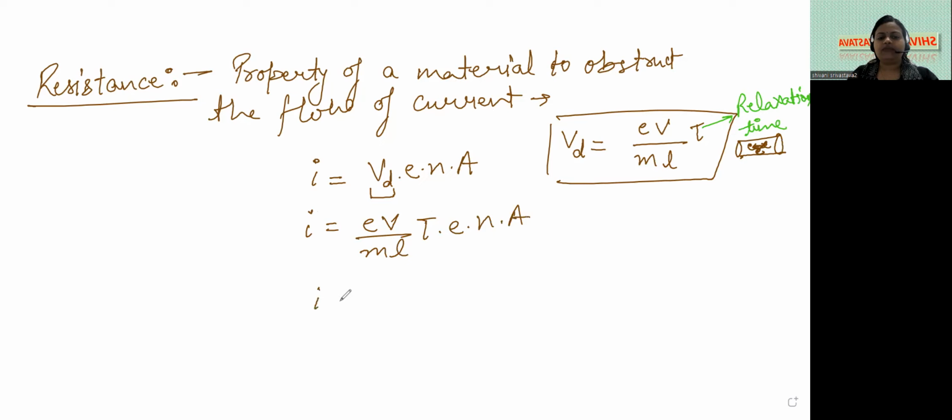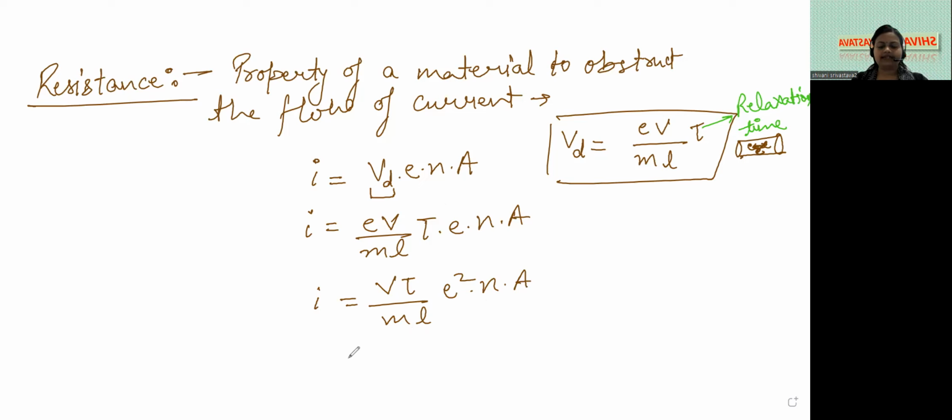Now what we can do? I is equal to V tau upon mL, times e square times n times A. Now we need to cross multiply. First of all, we'll rearrange all the things.